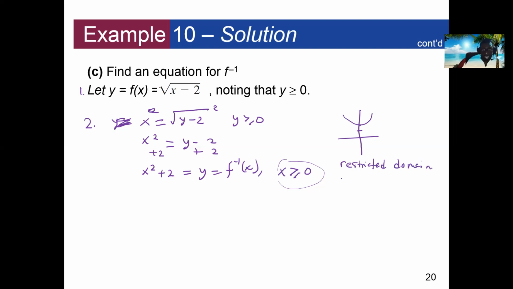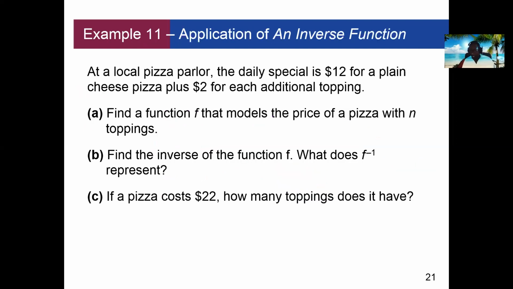All right, and then finally we have an application. At the local pizza parlor, the daily special is $12 for a plain cheese pizza plus $2 for each additional topping. So if you buy no additional toppings, you get $12.